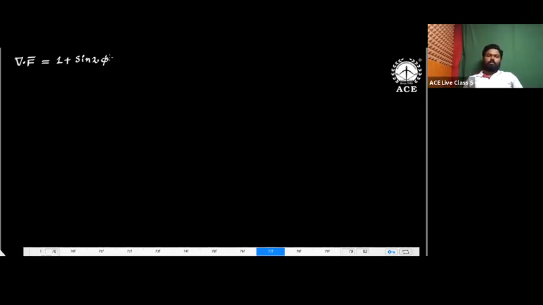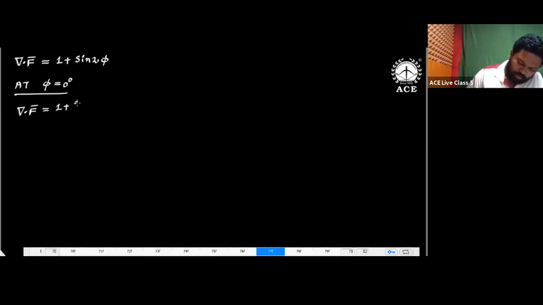So just substitute those limits and give me the answer. At phi is equal to 0, what is the divergence of F? 1 plus sine of 2 into 0.